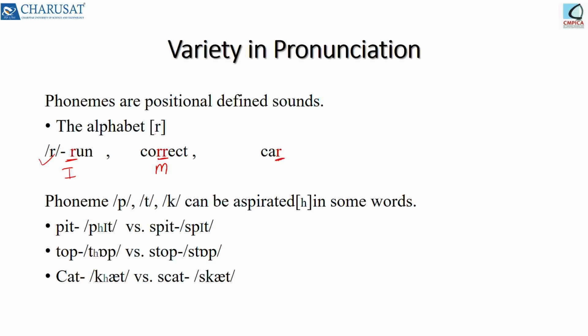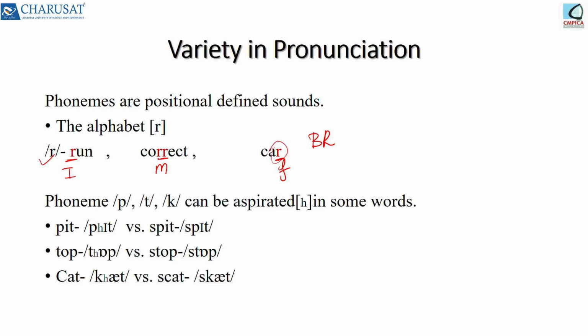Over here, it is the last and final sound. And there is a rule in English, especially when we are talking about registered BR, that is British English. You need to understand that whenever R is coming as the final sound, you will not pronounce it.